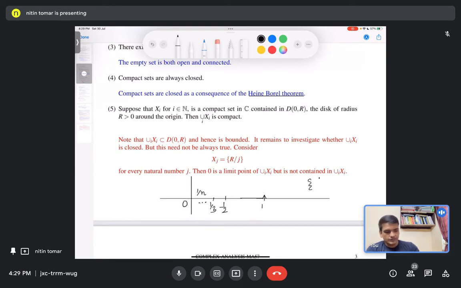If you take this sequence 1/n, this is bounded, but this is not closed. Why? Because 0 is the limit point of this sequence, but 0 does not belong to any 1/n. 0 does not belong to this set. So this option is false. So the union of compact sets need not be compact.